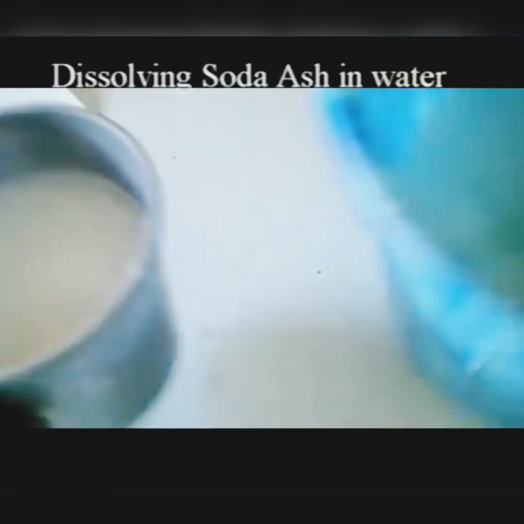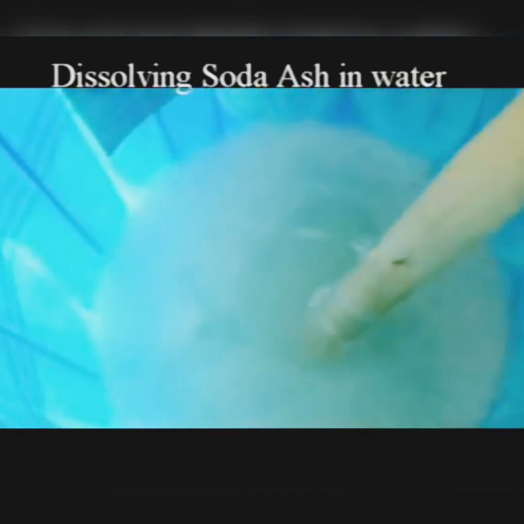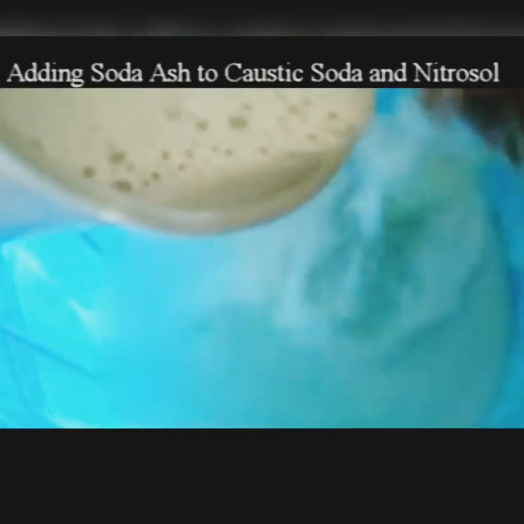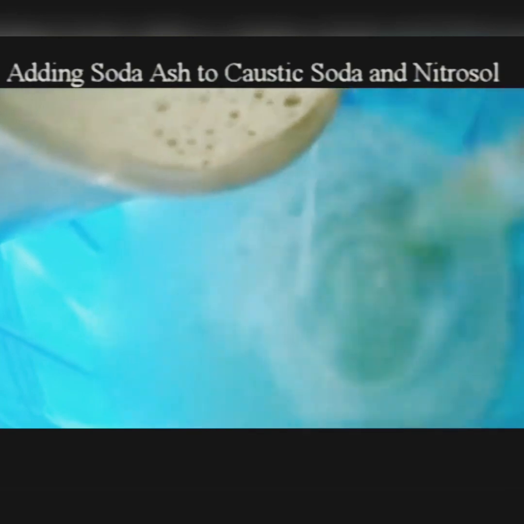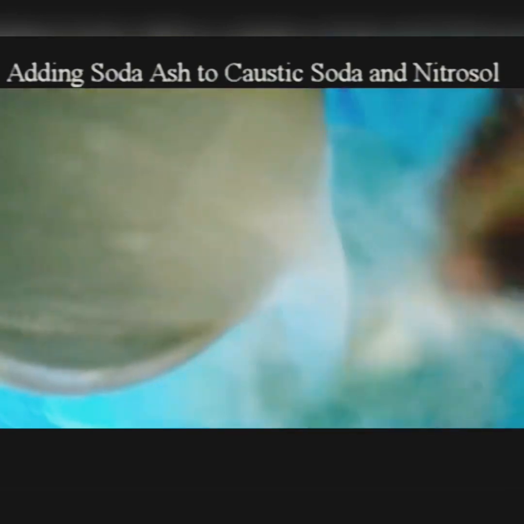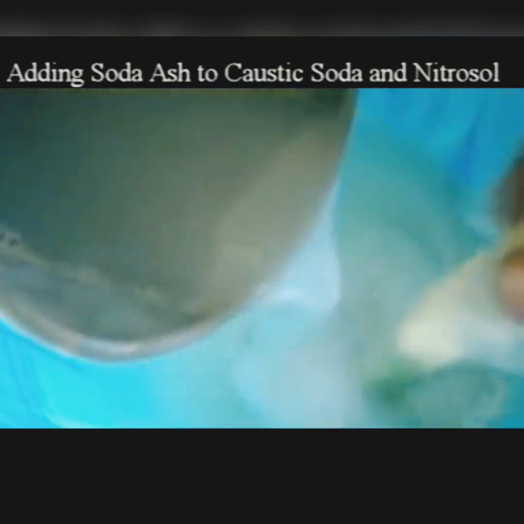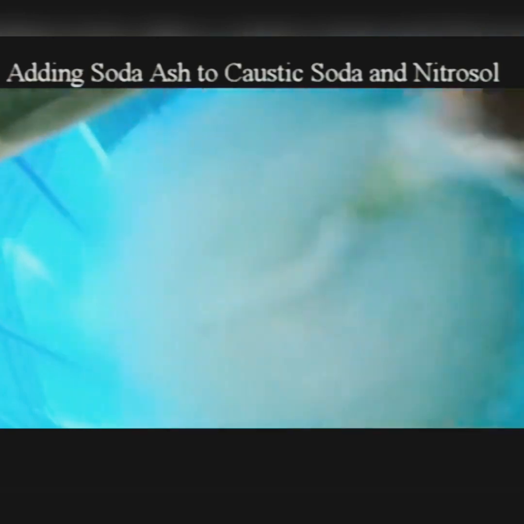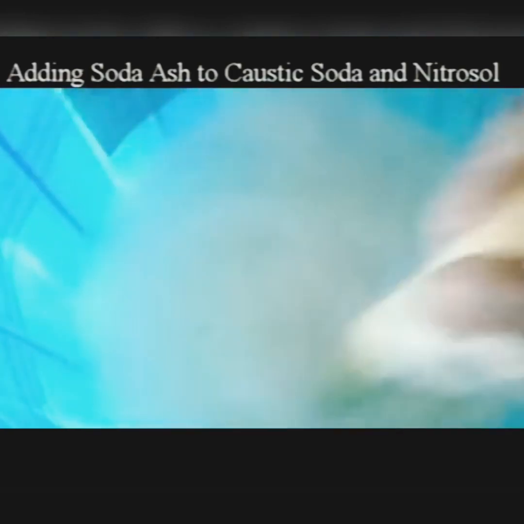Alright, we're now going to pour the solution into the previously made solution of caustic soda and nitrosol. The solution of soda ash is neutralizing the whole solution, making it watery.